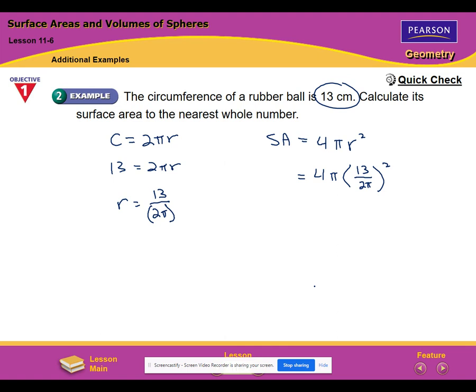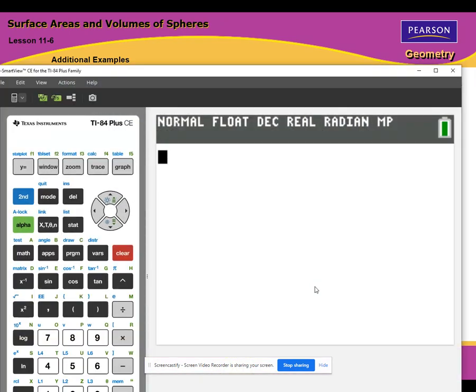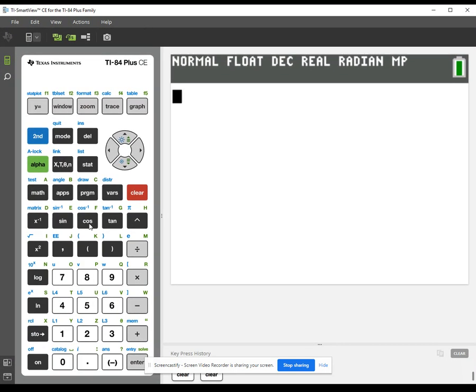Now here's where you do have to be really careful. I'm going to click over to my calculator and we'll do this together. That was 4 pi times 13 over 2 pi squared. And this is a graphing calculator. If you have a handheld TI-30 or whatever, it's going to work very similar to this.